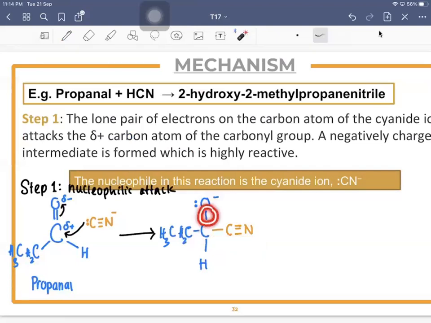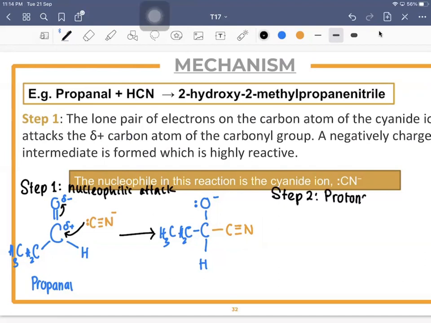So I've broken one of the double bonds in C double bond O to become a single CO bond.